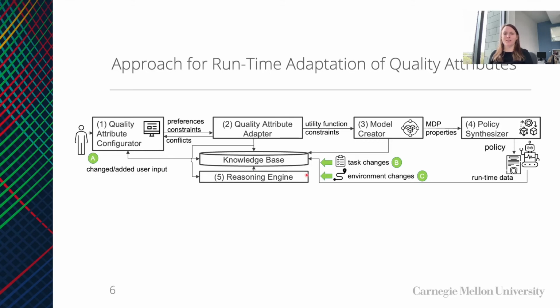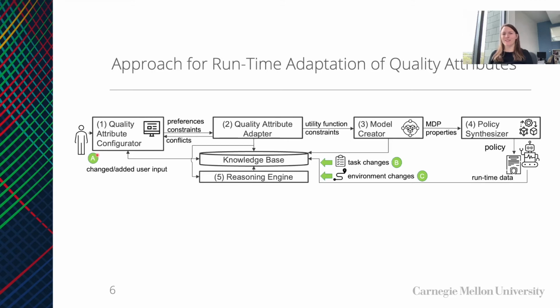Another example is that tasks might change, and that requires a redesign of utility functions. The environment might change with the map and maybe locations becoming unavailable. All of these changes might trigger iterations of this approach. Some things can be done without the human being directly involved, and some things involve humans and are maybe triggered by humans.